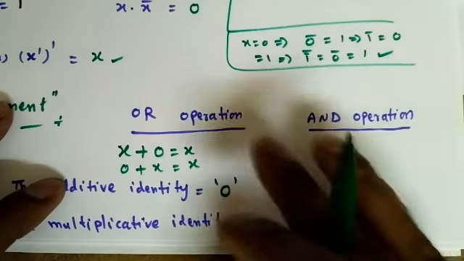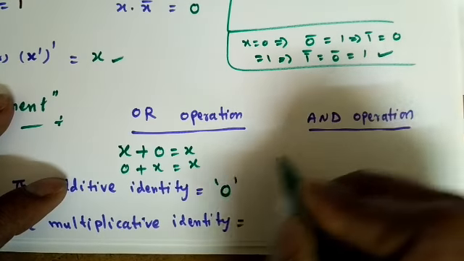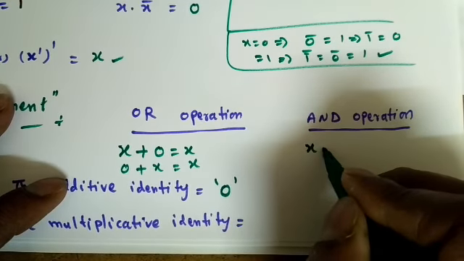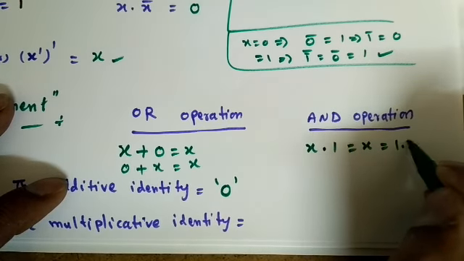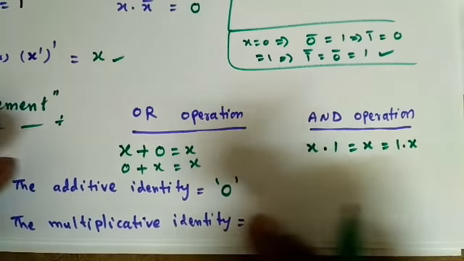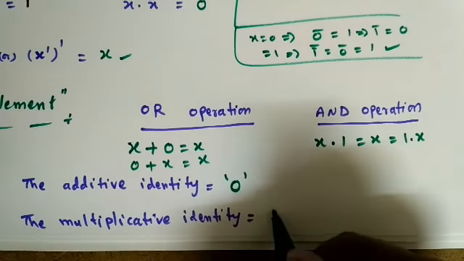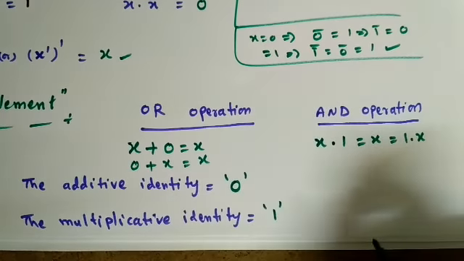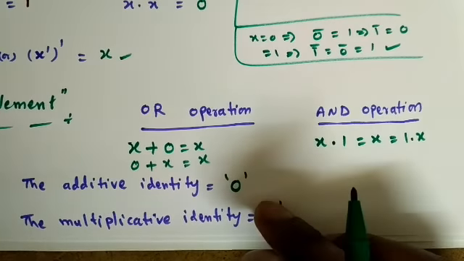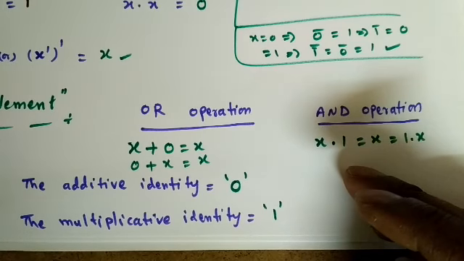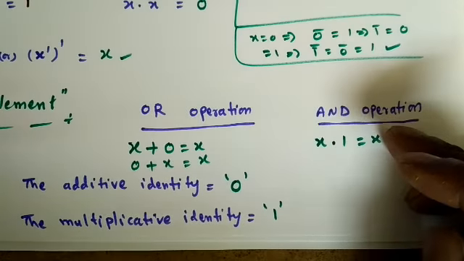Similarly, the AND operation also has an identity, which is not 0, right? So obviously x into 1 means x only, or 1 into x is nothing but x only. So what is the multiplicative identity? It is nothing but 1, right? Maybe they will rarely ask, but this will be helpful when we do logical operations, maybe AND operation or NAND operation.